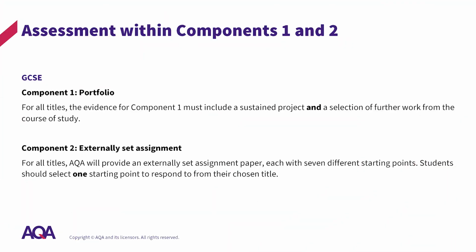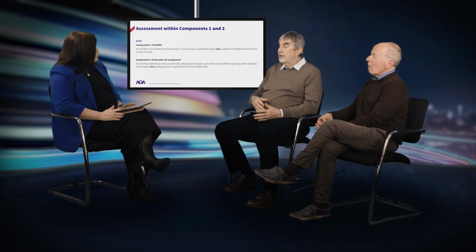What are the key differences in terms of delivering component 2 compared to component 1? Component 2 is timed. Is it more of a sort of exam? Yeah. Component 1, the timing of that is up to the school, up to their timetabling issues, etc. Component 2, the ASC paper for GCSE, is issued at the beginning of January the 2nd, and students then have a period of time to prepare their ideas, which they can do alongside the teacher in terms of providing some levels of interpretation and support.